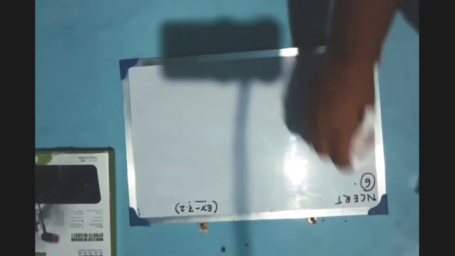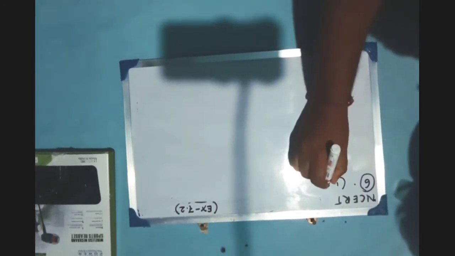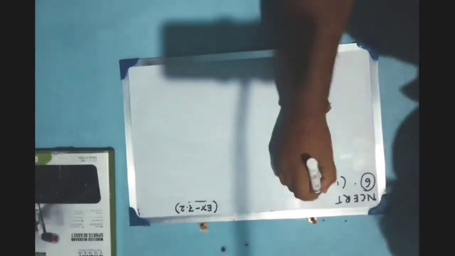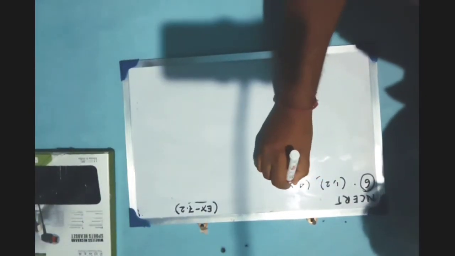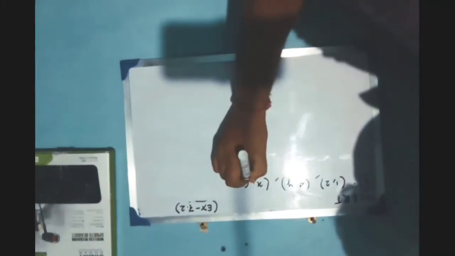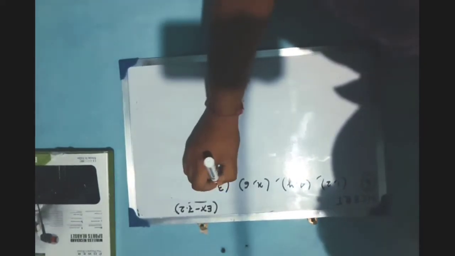Here it is given that (1, 2), (4, y), (x, 6), (3, 5) are the vertices of a parallelogram taken in order.